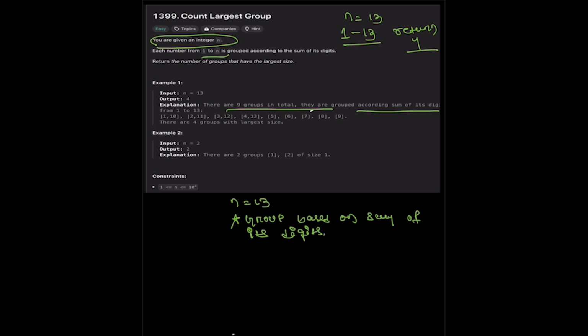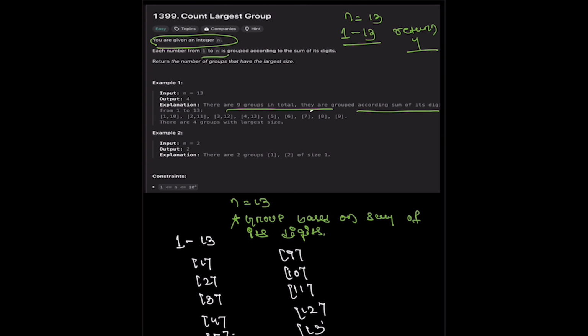Initially we start from the brute force approach, that is, from the initial number. We have to start the loop from 1 to 13. So initially it's 1 2 3 4 5 6 7 8 9 10 11 12 and 13.